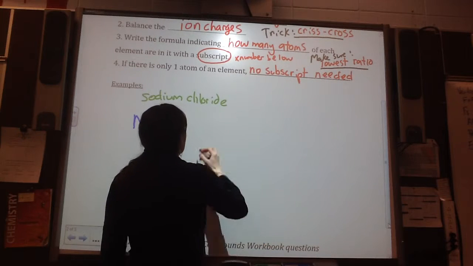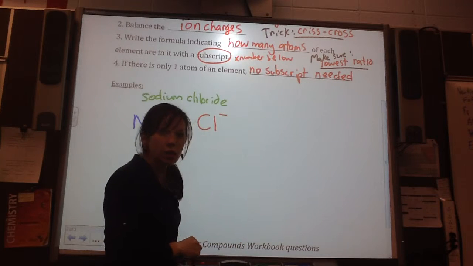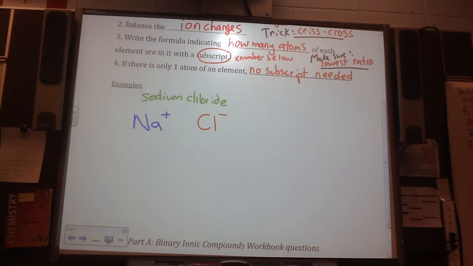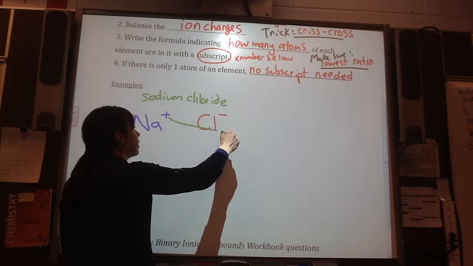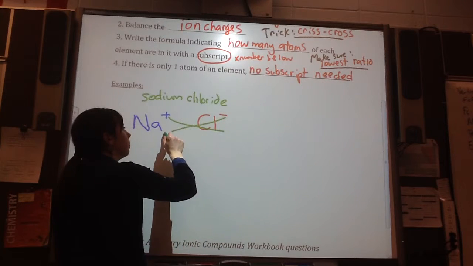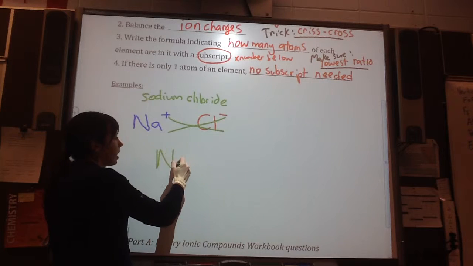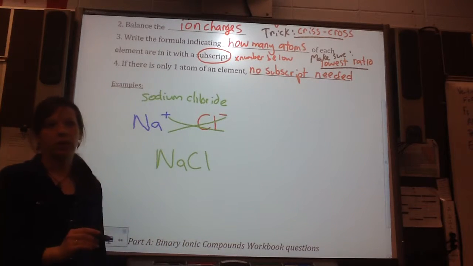Chlorine's charge when it's an ion is -1. Now, what you do next, step 2, balance the ion charges, criss-cross. So you take this number, put it there, this number, put it there. So now it's NaCl with a 1 and a 1, but you don't have to write the ones.